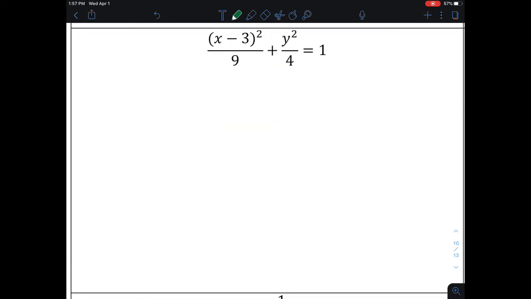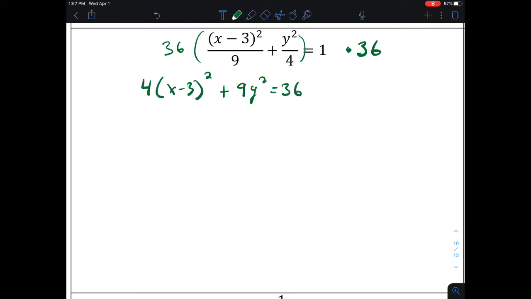Okay, let's look at this next one here. So we have the equation of the ellipse given, and we want to try to write it in its polar form. If it's me, I'm going to try to get rid of the fractions as much as possible. If we were to multiply both the left and the right-hand sides by 36, what we would have is 4 times (x minus 3) squared plus 9 times y squared is equal to 36. So now it becomes a little bit easier to work with.